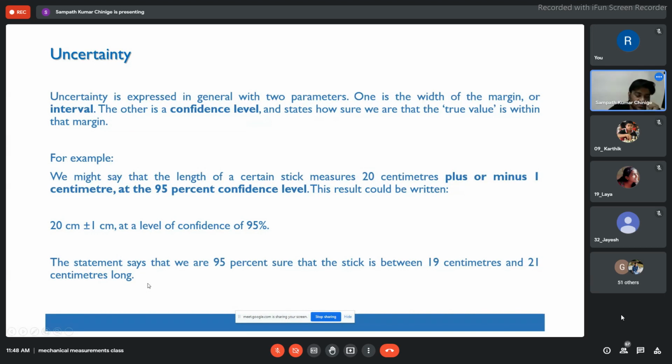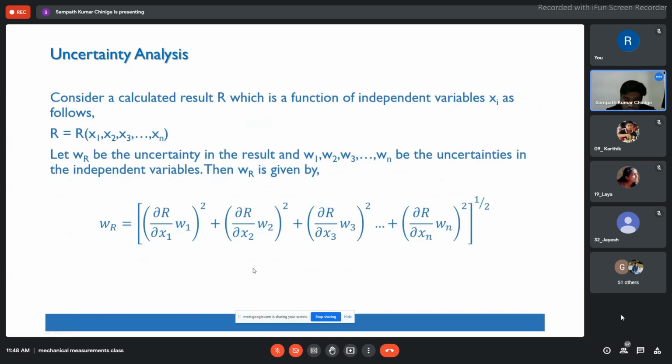Out of 100 readings, 95 readings will definitely lie in this range, whatever be the value, 19.1, 19.2, whatever. I am saying that 95 out of 100 will fall in this particular range.